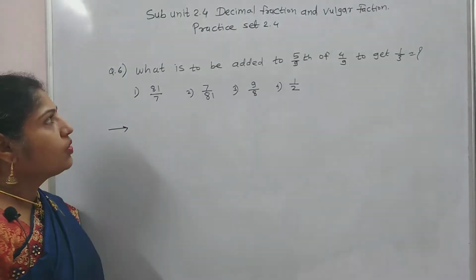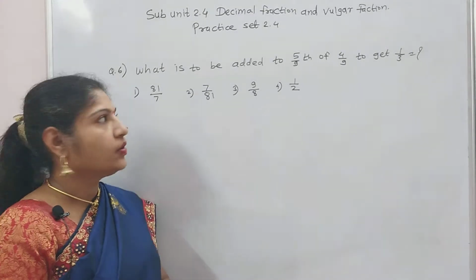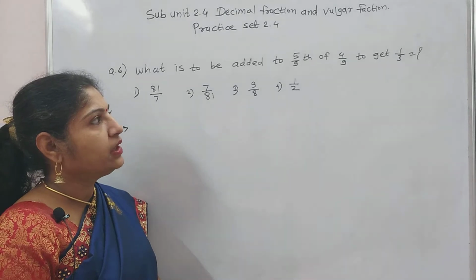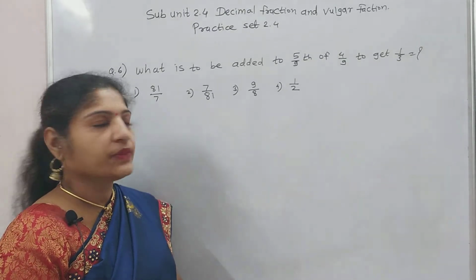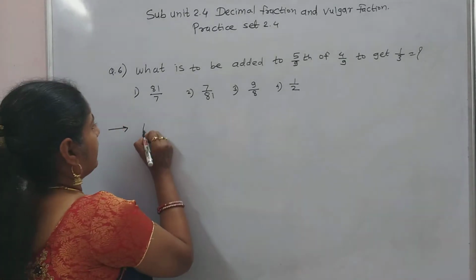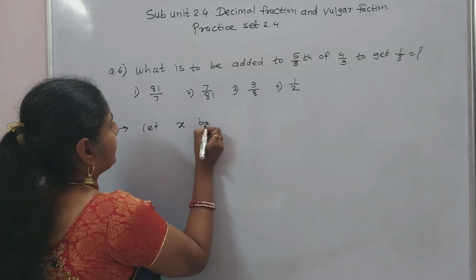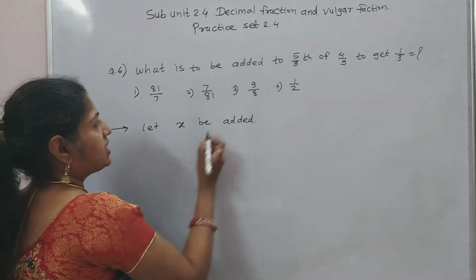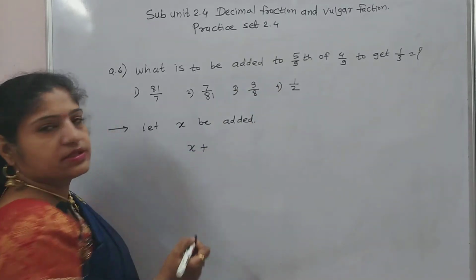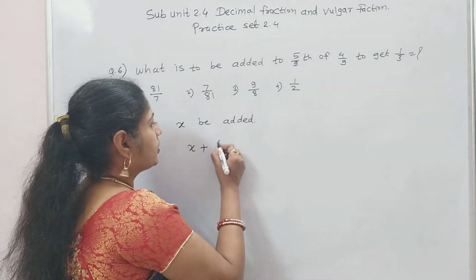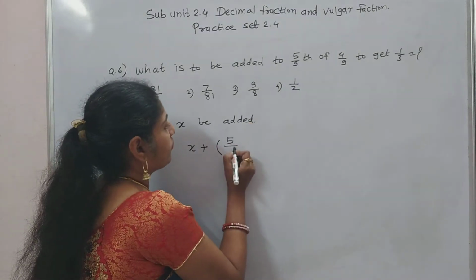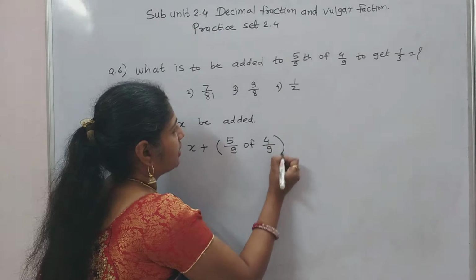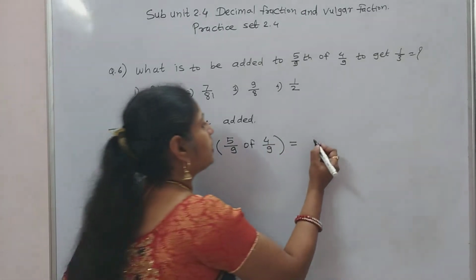Now next is, what is to be added to 5 ninth of 4 upon 9 to get 1 upon 3. Let x be added. So x is added to 5 ninth of 4 upon 9 to get answer 1 upon 3.